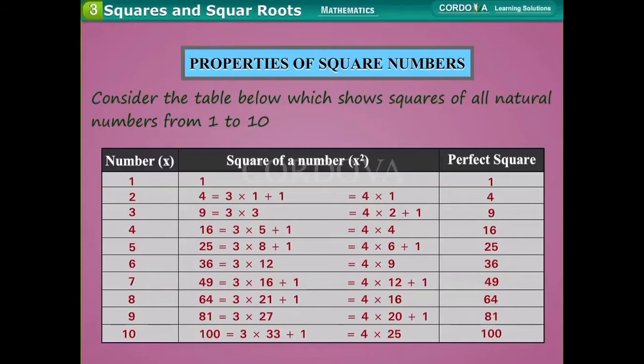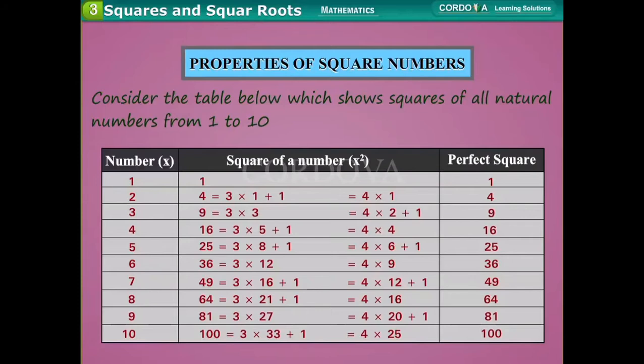Perfect square: 1. 4 is equal to 3 into 1 plus 1, which is equal to 4 into 1. 9 is equal to 3 into 3, which is equal to 4 into 2 plus 1. 16 is equal to 3 into 5 plus 1, which is equal to 4 into 4. 25 is equal to 3 into 8 plus 1, which is equal to 4 into 6 plus 1.